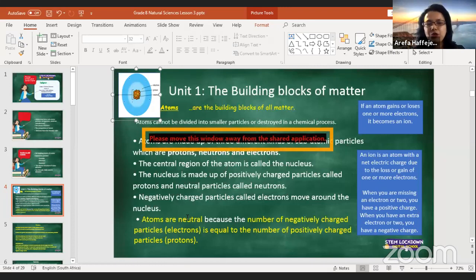Now, atoms are neutral because the number of negatively charged particles, which are electrons, is equal to the number of positively charged particles, which are protons.